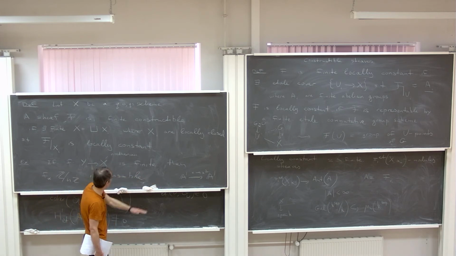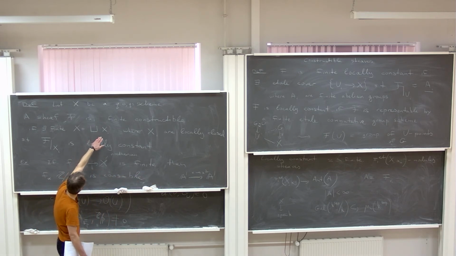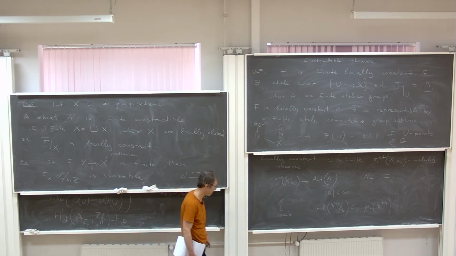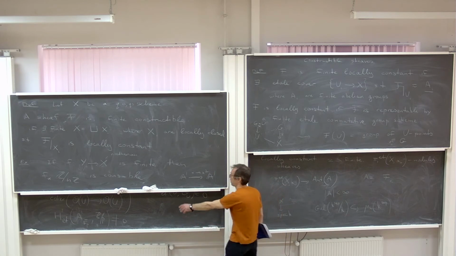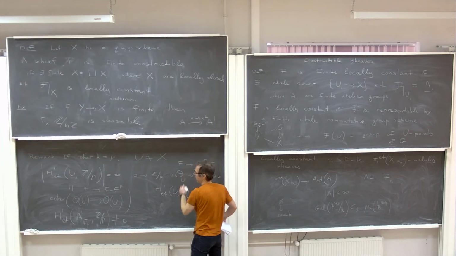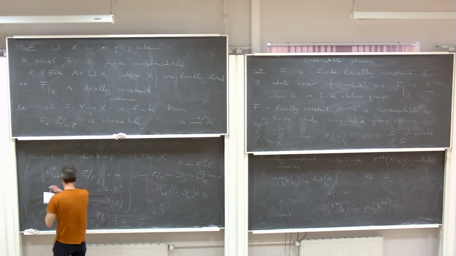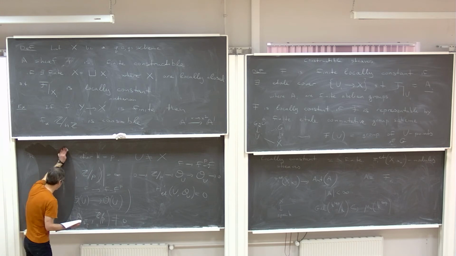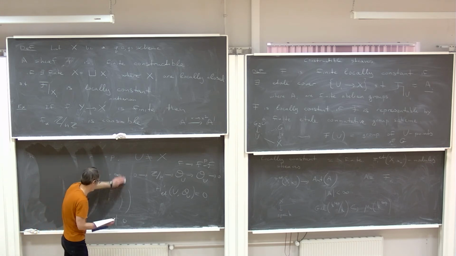So in this example, the stratification will consist of two strata, an open stratum and just one point. This is how you think of locally constant sheaves. So here is a lemma.